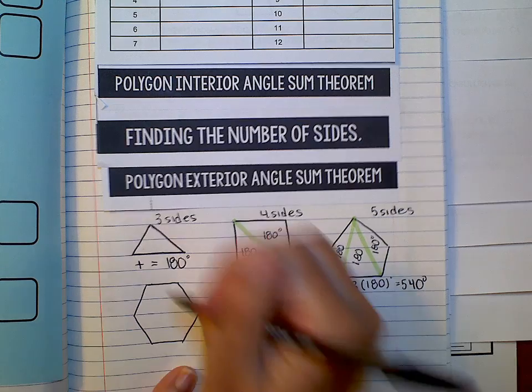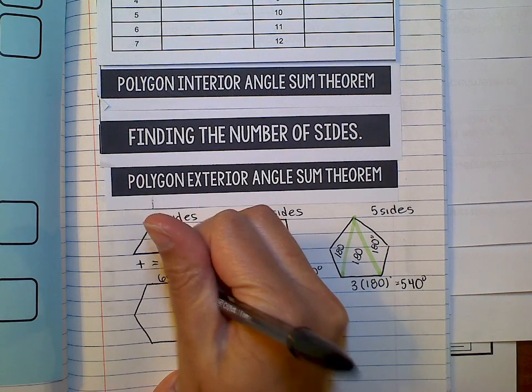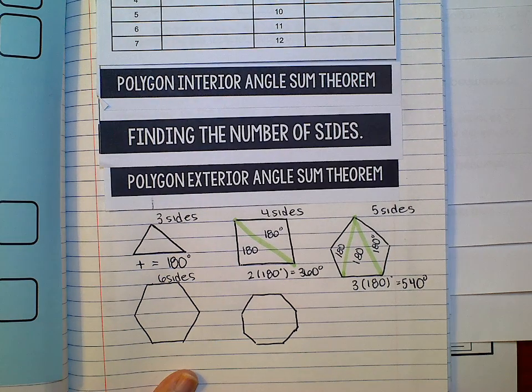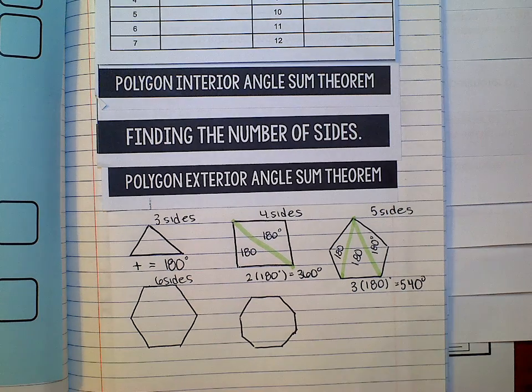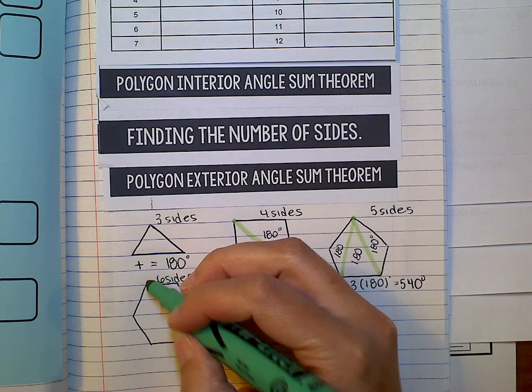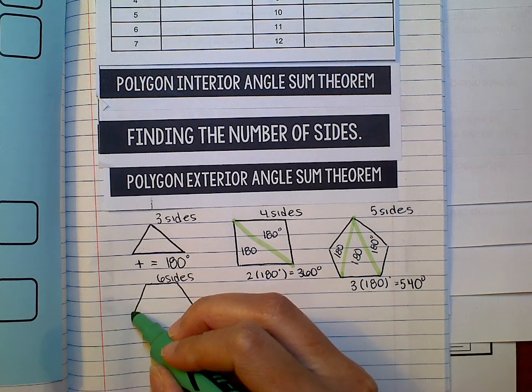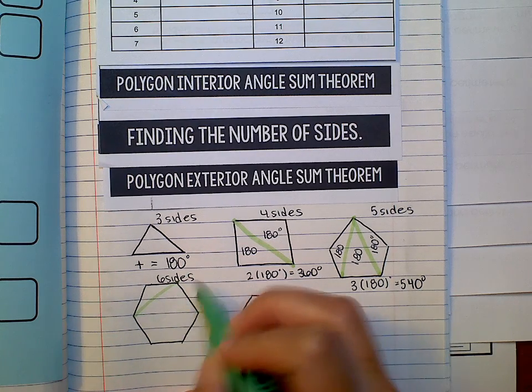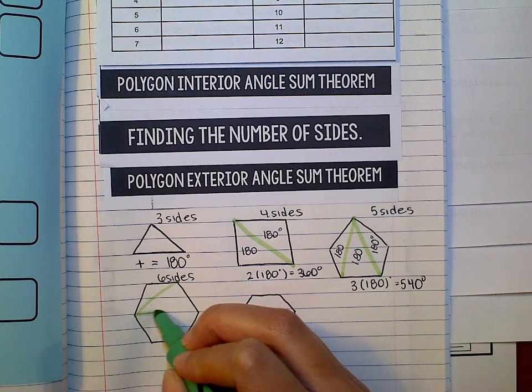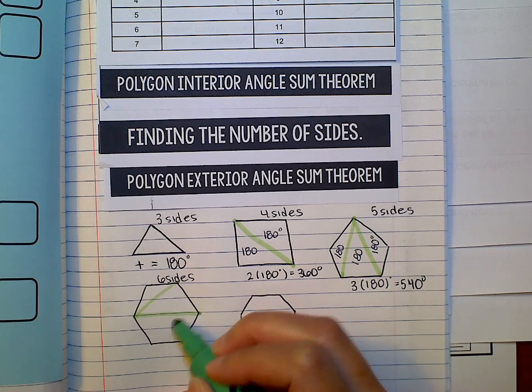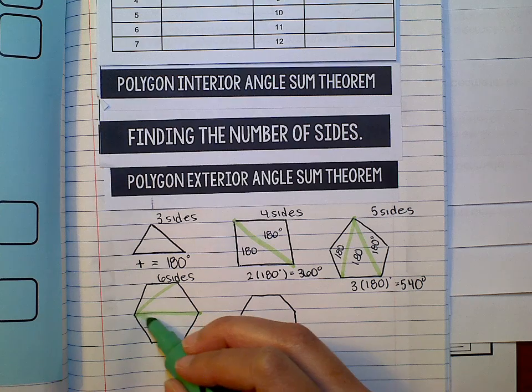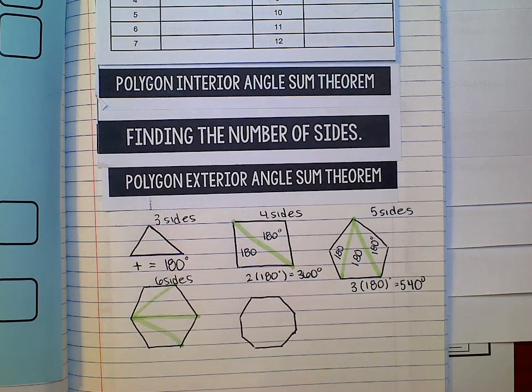And then we can bump it up again, and if I do six sides, we have a hexagon. Just like with all the others, if I start from a corner, any corner, I can draw right here to get a triangle. If I go anywhere else, it'll be too big. But then same corner, I get another triangle right here, but this one is still not a triangle, so I have to go one more, and now we have only triangles.